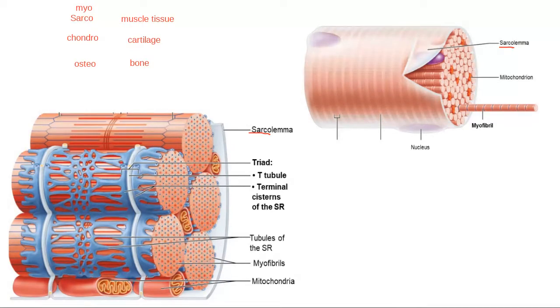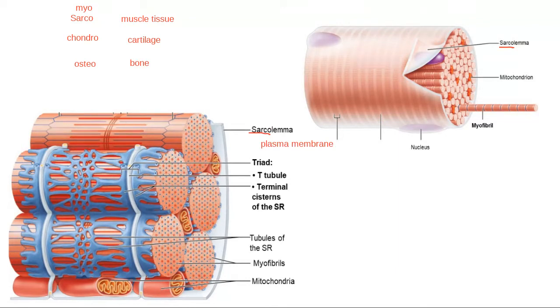Remind me, what's the normal cell word for the sarcolemma? In every other kind of cell, we would call the sarcolemma, yeah, exactly, plasma membrane. It's plasma membrane, the sarcolemma.